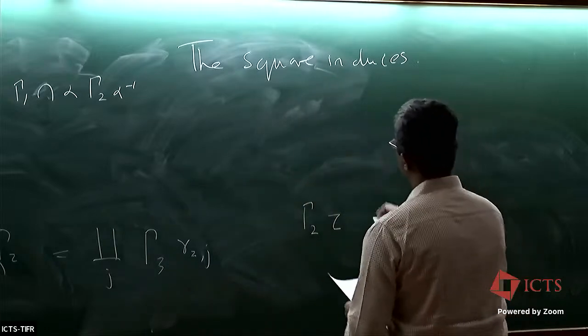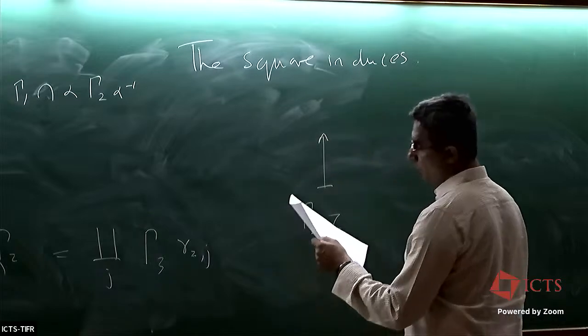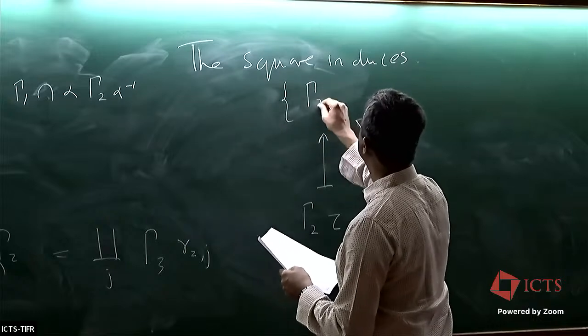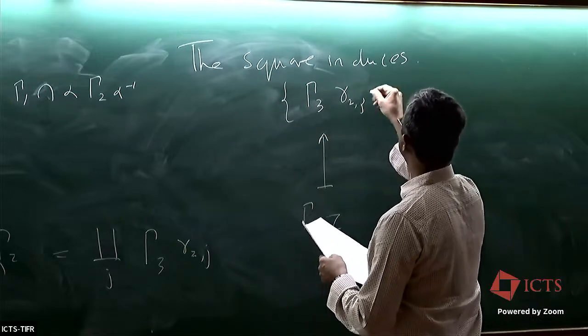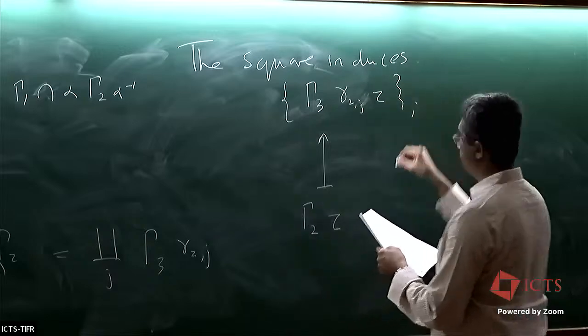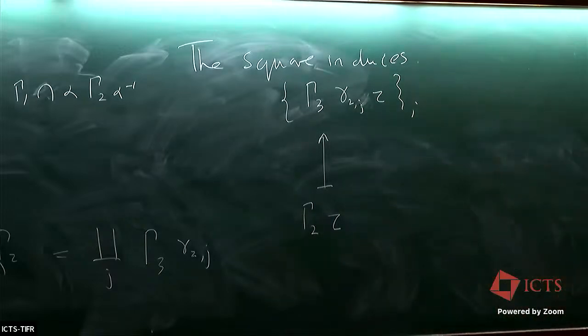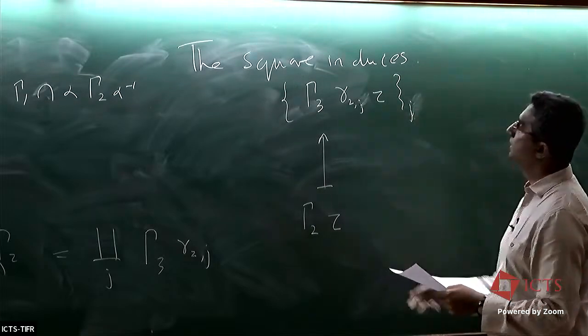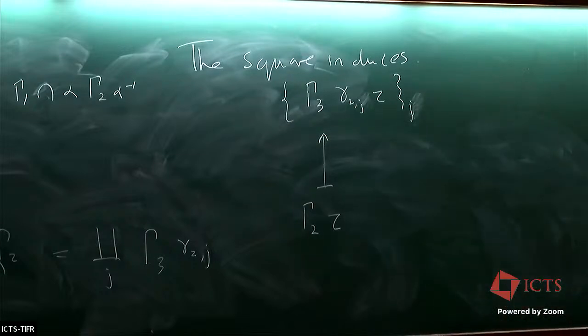Then we lift that up to a bunch of points here. What are those points? We're going to get a set of points, gamma 3, gamma 2j, tau, one for each j. And we said that these coset representatives are finite. It may happen that sometimes you get the same points, so you have to do this with multiplicity. I'm going to fudge over this a little bit, but there are ramification indices involved at some points.